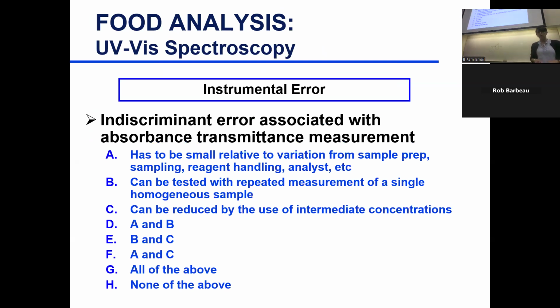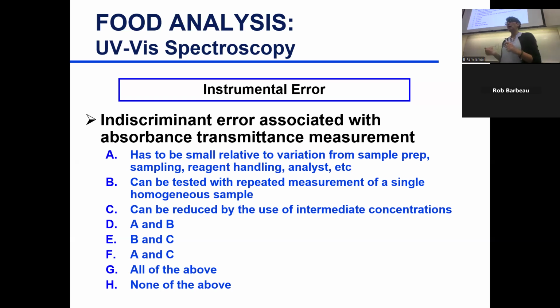small things I want to talk about is instrumental error, also known as noise. So you would have absorbances happening, but at very, very low signal. And so you usually correct for that when you run a blank that has the same components as the sample, and you try to correct for instrument error.